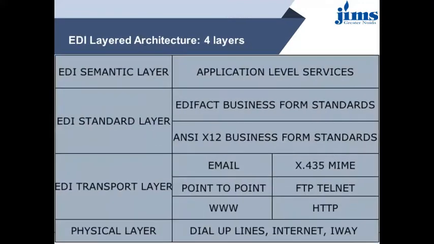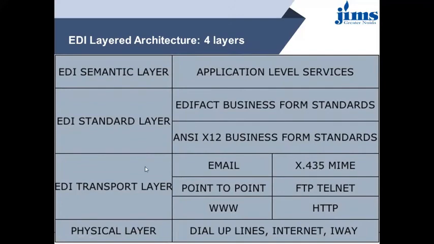This is the standard EDI layered architecture in a tabular form. The EDI semantic layer has application-level services, where you need to place your orders, where you need to ask the price, etc. After that, the EDI standard layer, where there are two standards. Either this standard will be followed or that standard will be followed, depending on which standard the company is following.